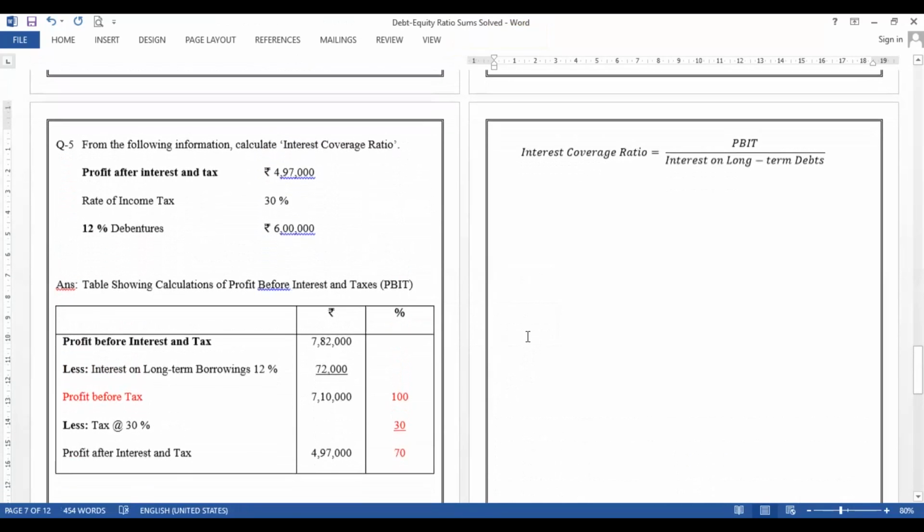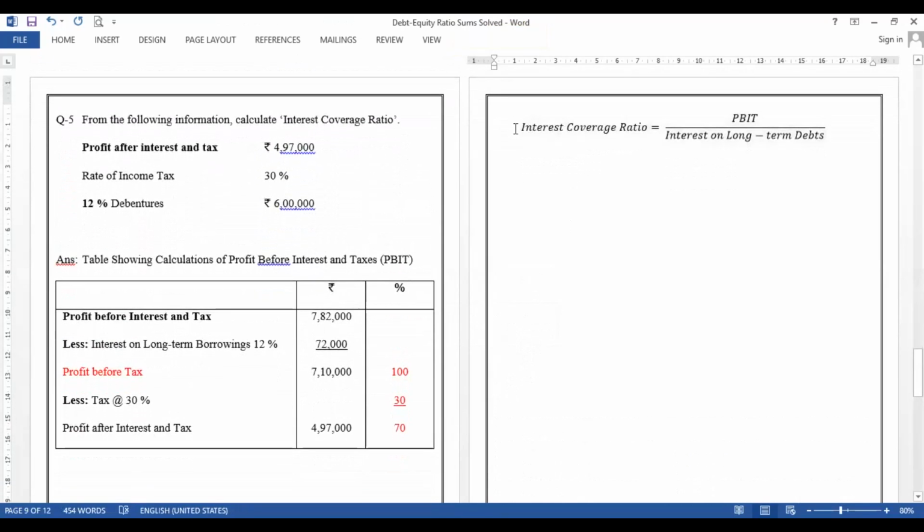Now, let us calculate the interest coverage ratio. The formula is profit before interest and taxes upon interest on long-term debts. So let us place the values in this.